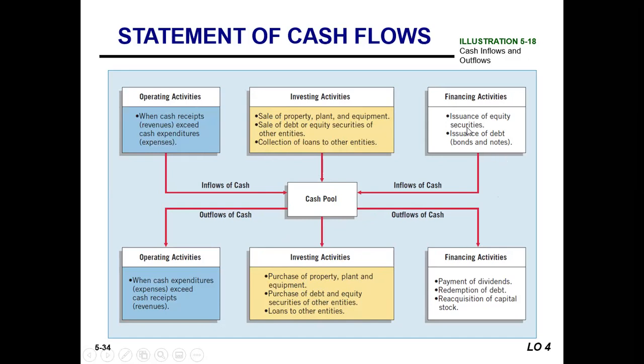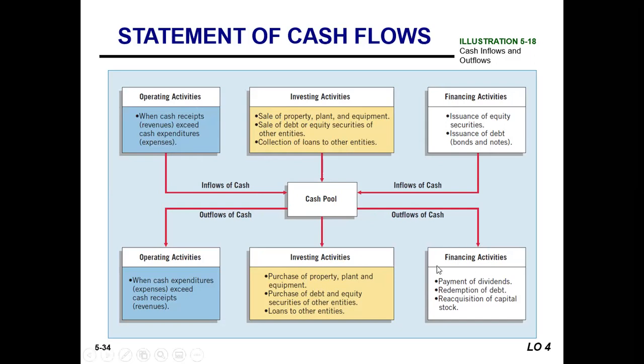And then finally, financing activities, inflows and outflows. Inflows: the issuance of equity securities. If we issue more common stock or more preferred stock, that's going to be an inflow. Issuance of debt: if we issue a bond, that would be a cash inflow. Or if we take out a loan and then we have this note payable, that would be an inflow, right?